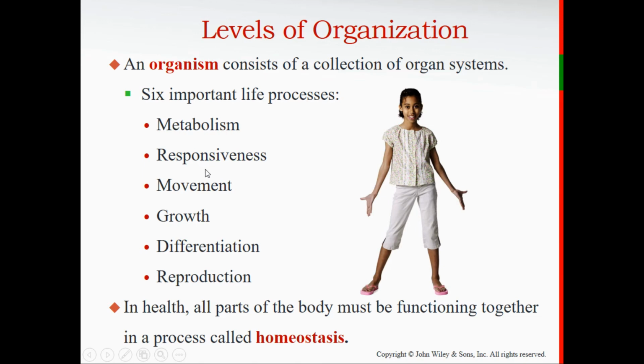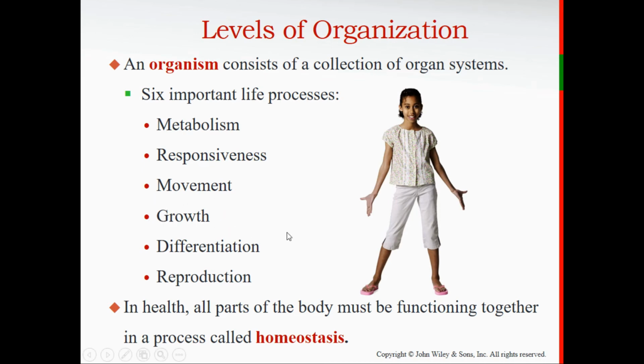6 important life processes we have. All of us will possess metabolism. Metabolism is how efficiently our bodies use the energy we put in our bodies. Responsiveness is how you respond to stimuli. Movement, our ability to move around. Growth, how we not only grow upwards and outwards with age, but also how we heal.